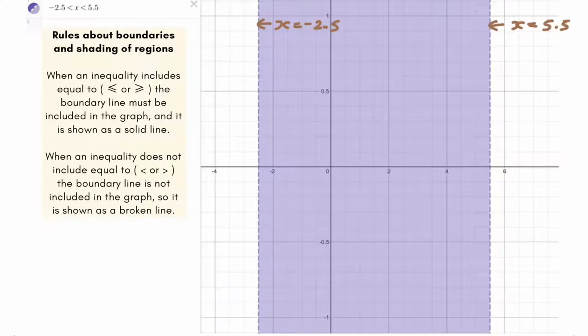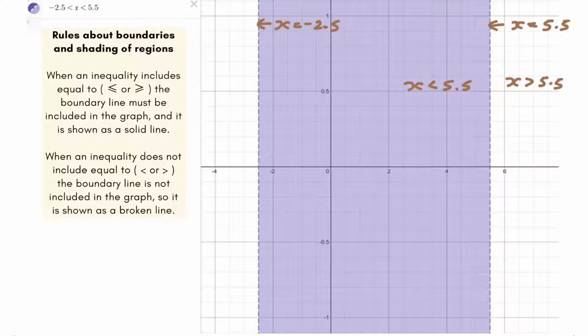The equation of this region would be x greater than 5.5, and so the other side would be x less than 5.5.